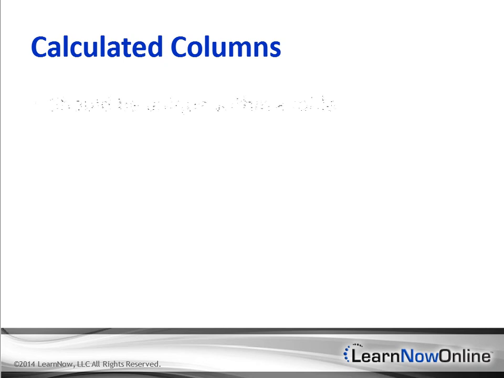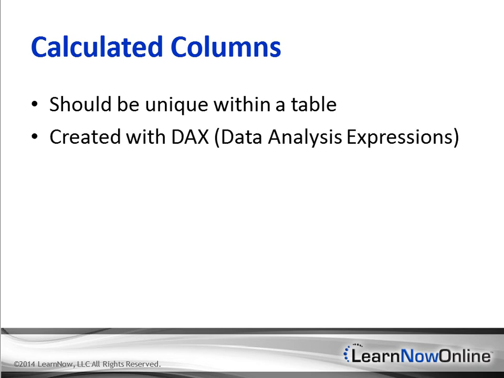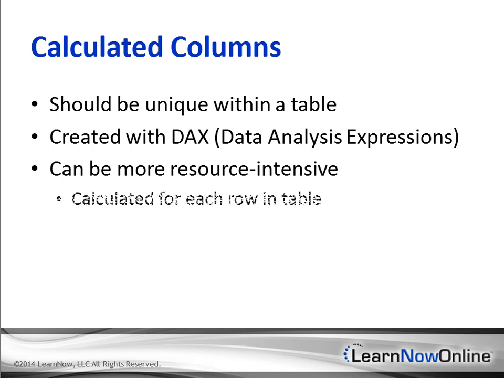Calculated columns. These should also be uniquely named within a table. Make it a rule. It'll save you a lot of headache afterwards. These are created by DAX, and they can be more resource intensive. Why? Remember the context of a row, the row context.